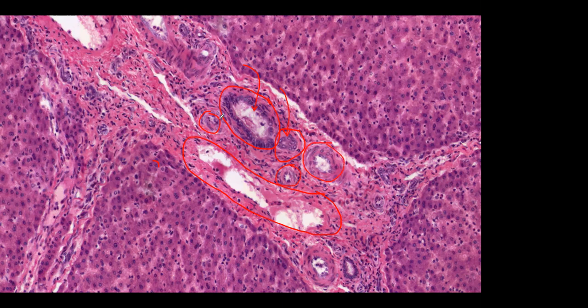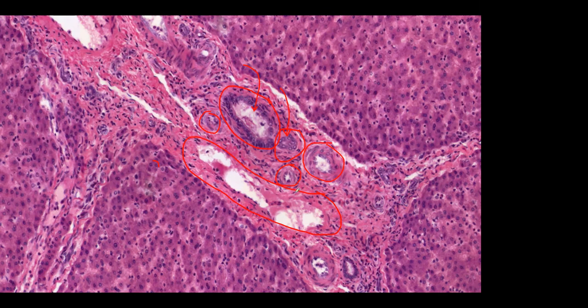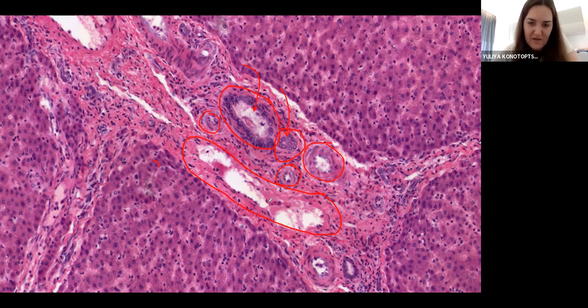Each and every one of these is a hepatic arteriole. And then here, this is the portal vein. Okay, so it's a vein. It's quite big, so it's maybe a small vein. This is the branch of the portal vein. Again, which cells are these?